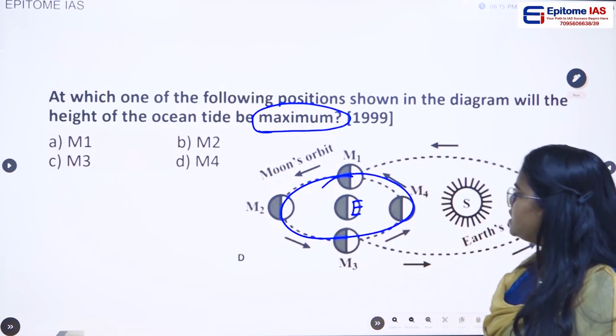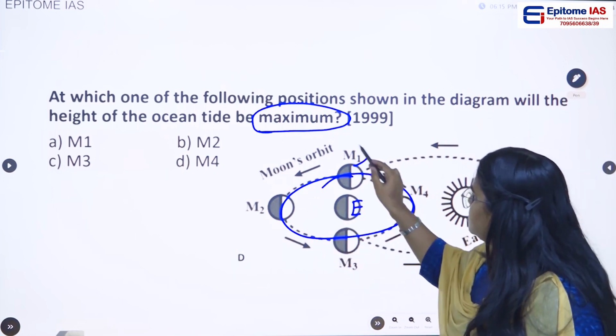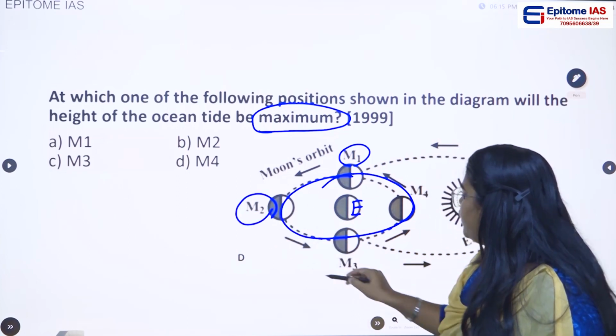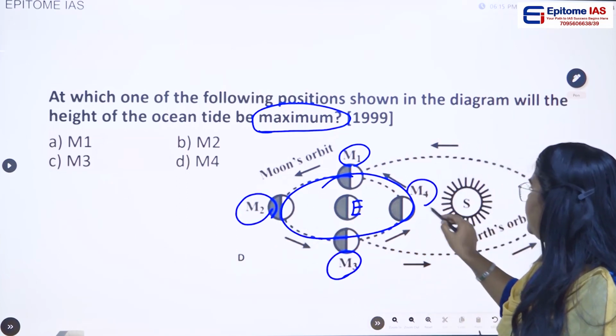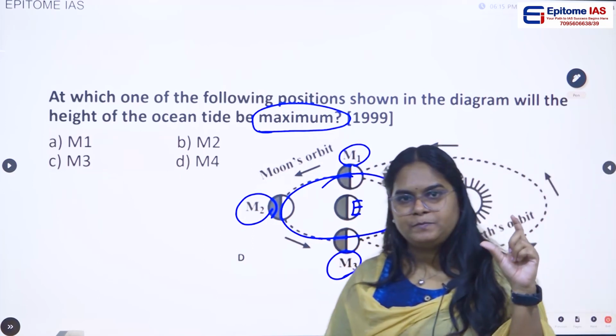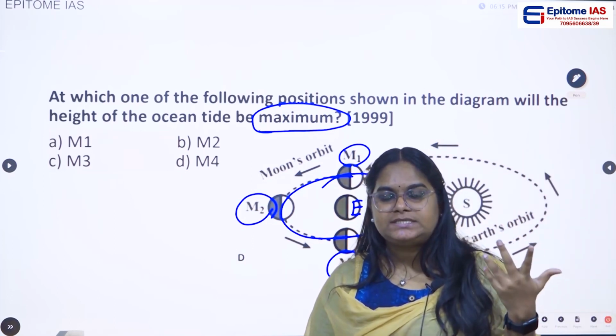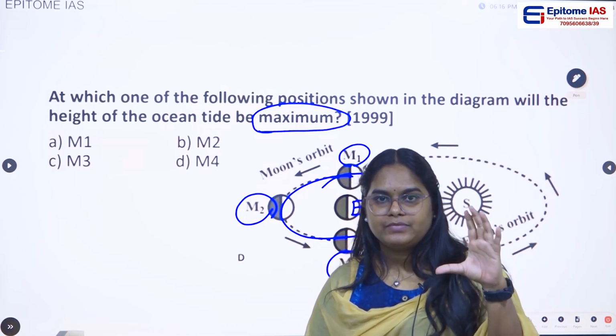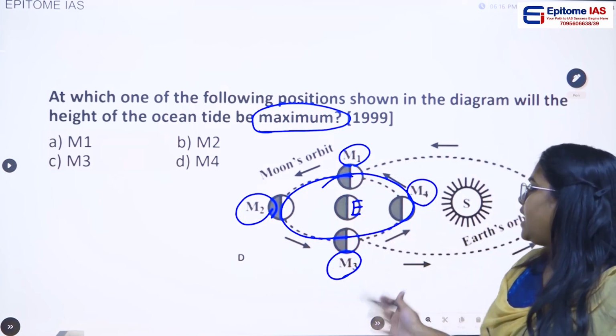The moon revolves around the earth, and they have given 4 positions: M1, M2, M3 and M4. So what they are asking is, what is the position of the moon which decides the highest ocean tide?